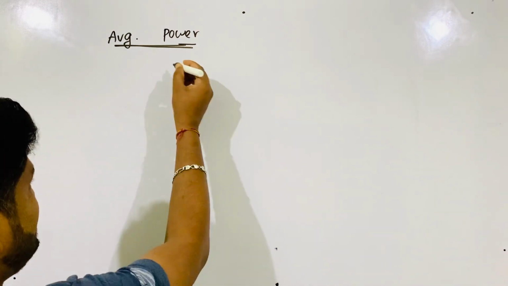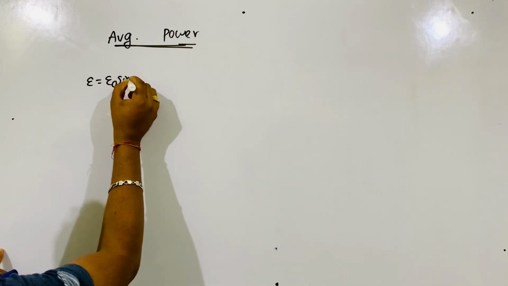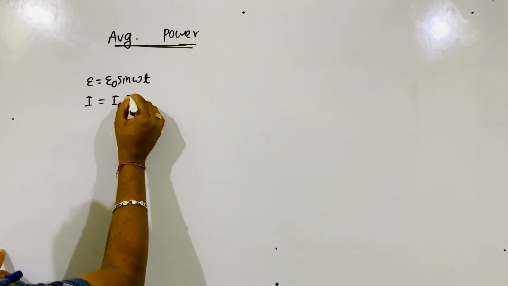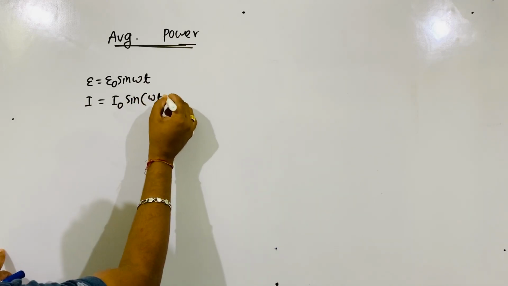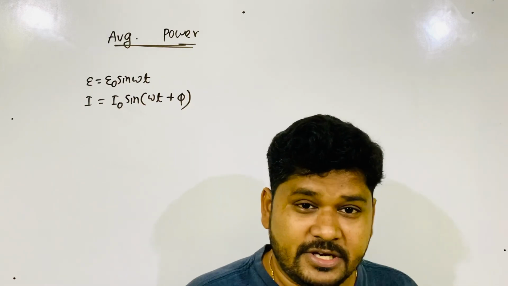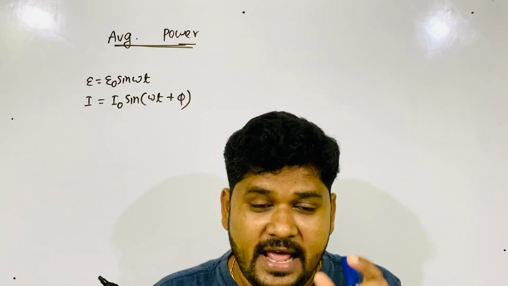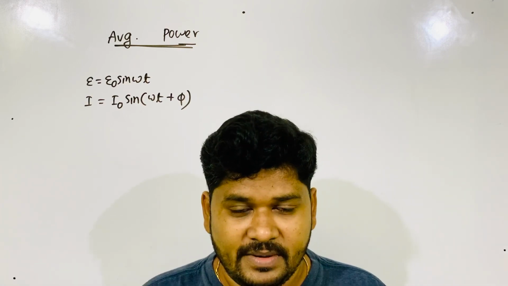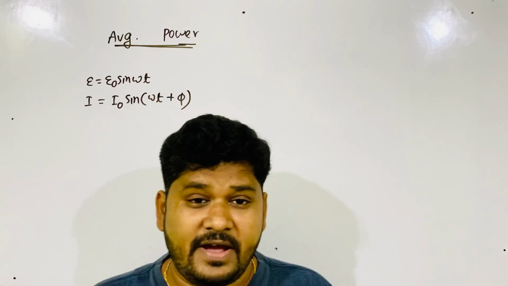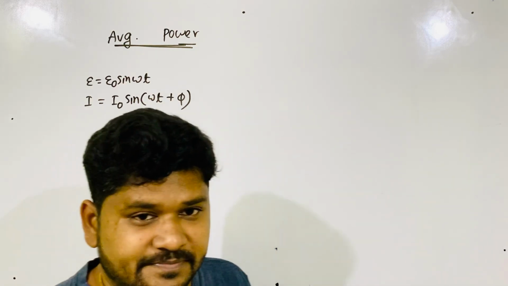The expression of EMF is E equal to E naught sin omega t, and I is equal to I naught sin(omega t plus phi). Let's take it plus phi because we don't know the value of phi. Phi depends on the values of R, L and C, but as I am doing the general case, I am just taking plus phi. If phi comes minus, it's okay, no problem.